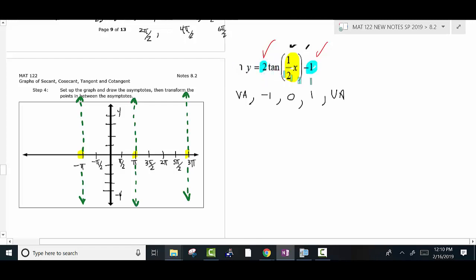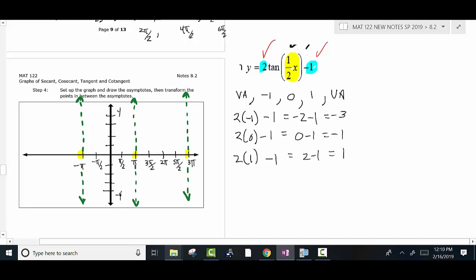That's a stretch shrink. That is a down 1. So what we're going to do is 2 times -1 minus 1. Then we're going to do 2 times 0 minus 1. And then 2 times 1 minus 1. This is going to give you -2 minus 1, or -3. This will give you 0 minus 1, or -1. Then this will give 2 minus 1, or 1.